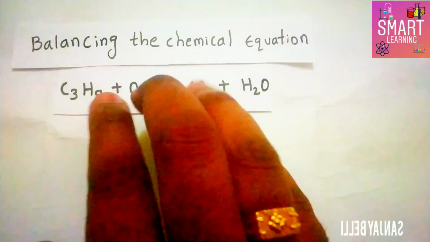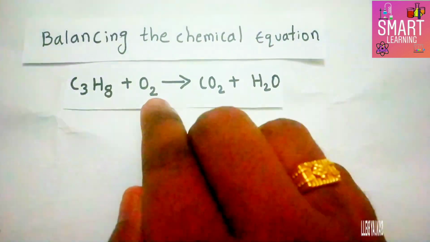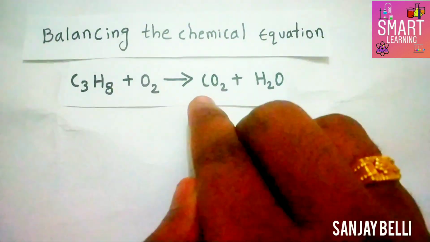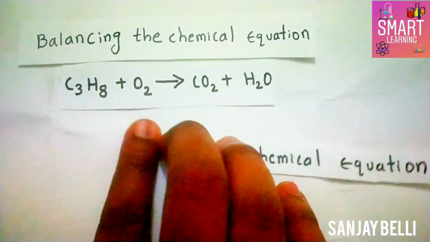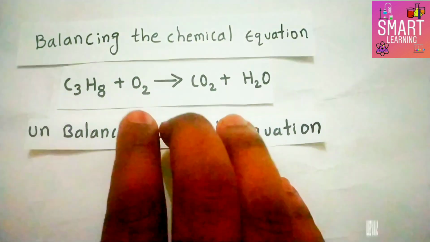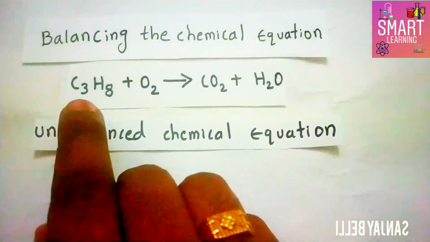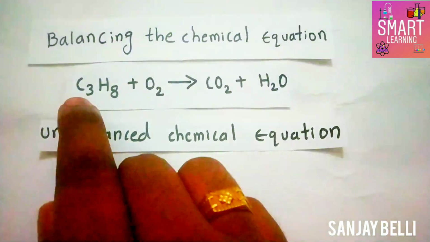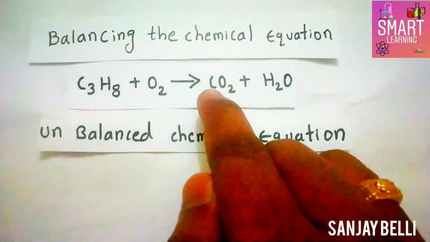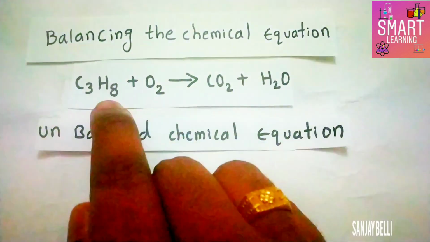Next example, C3H8 plus O2 gives rise to CO2 plus H2O. So it is also an unbalanced chemical equation. Check once. C3, 3 carbons on reactant side, 1 carbon on product side.